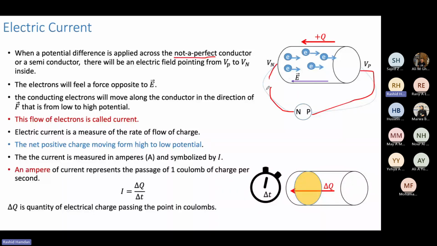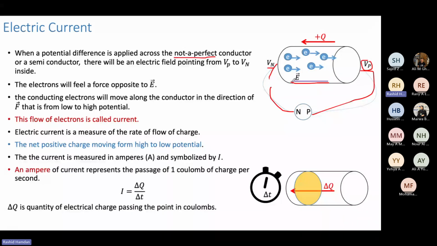I assume the wires here are perfect conductors, to see what happens inside this specific part. Vp is larger than Vn, so there's going to be an electric field pointing from the high voltage to the low voltage.